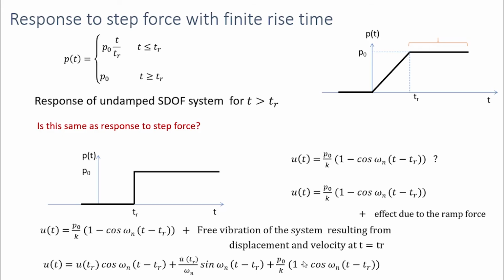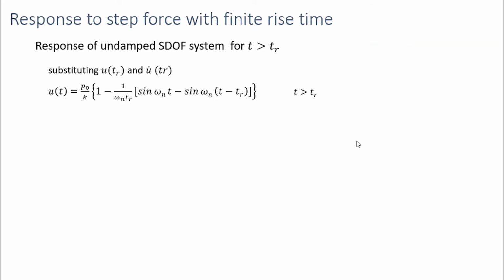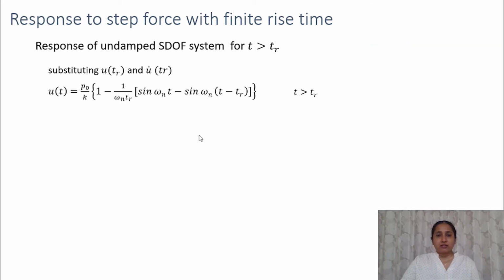Now we can substitute the value of velocity and displacement at T equal to TR and get the expression for the response when T is greater than TR. If you substitute these values, we would get this expression. Using this, we can calculate the response when T is greater than TR.